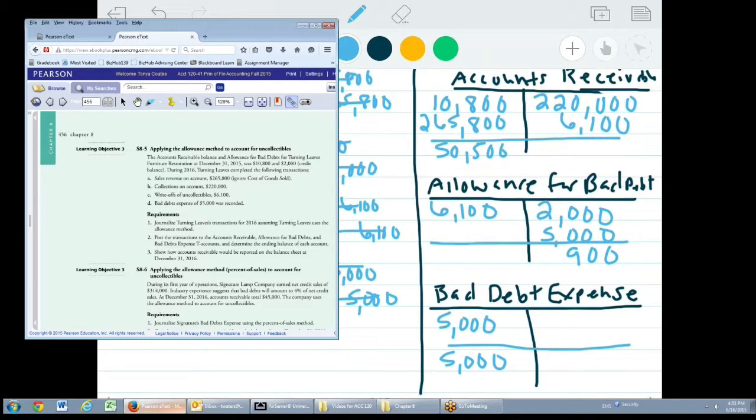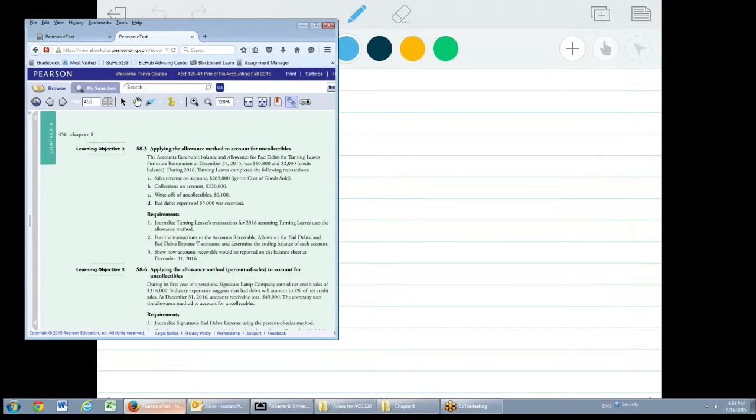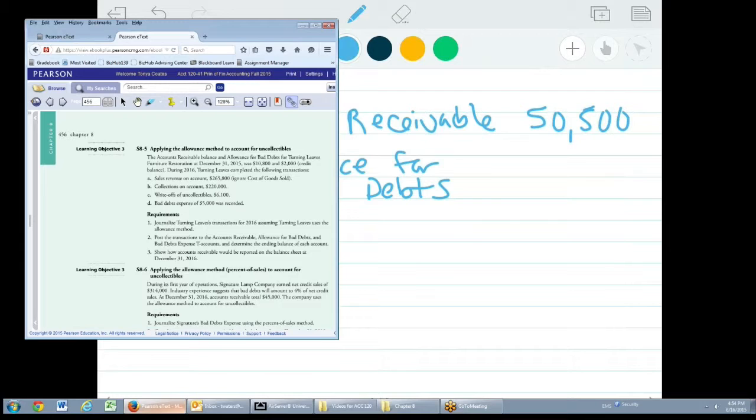Okay, so this will just be part of the balance sheet. And how it would look on the balance sheet from the information that we had: our accounts receivable balance, which was 50,500, and you would say less the allowance for bad debt, and that was $900.